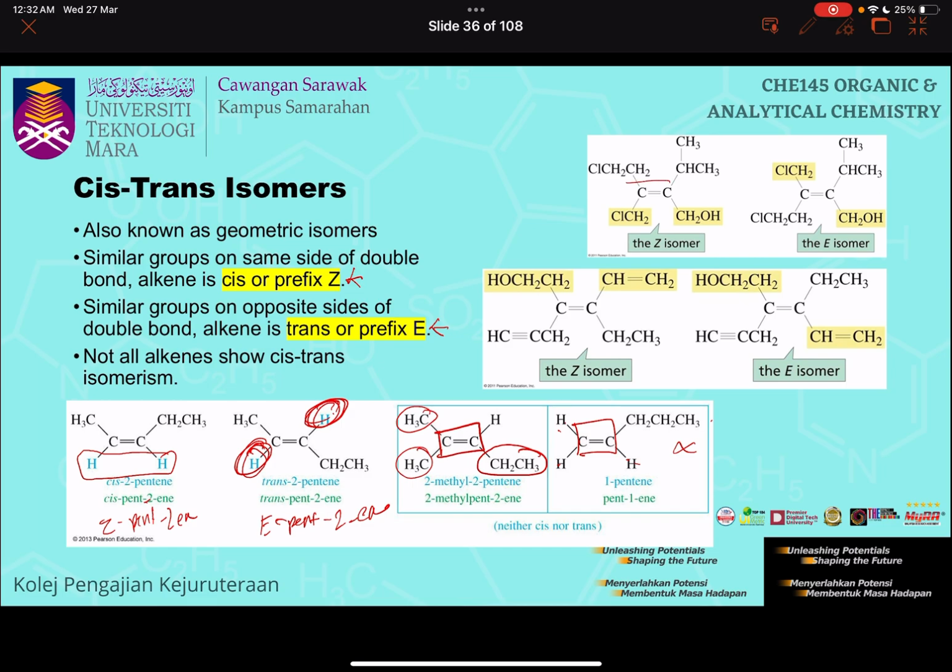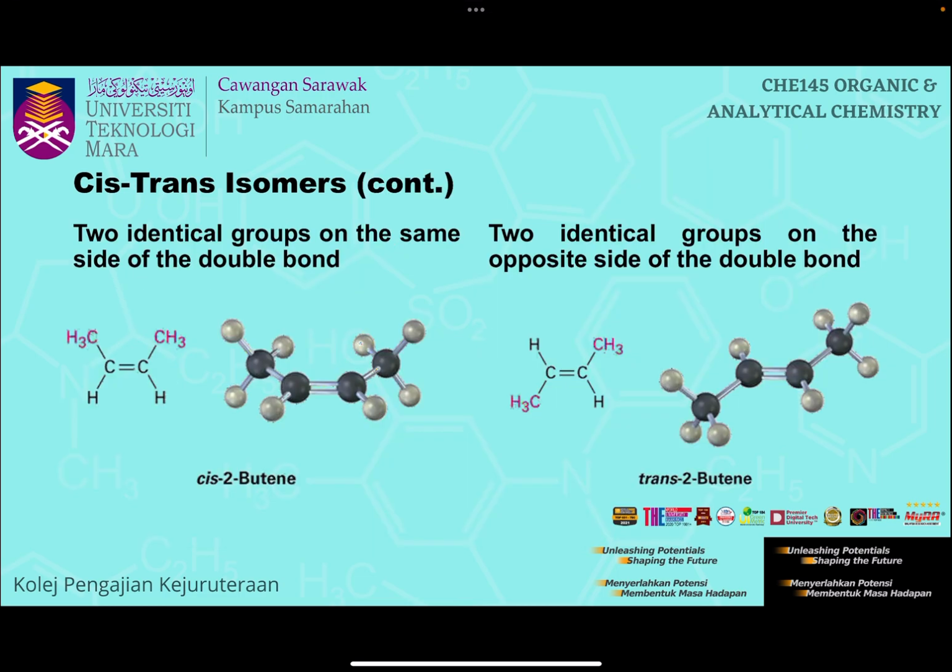If they highlight the double bond like this, then be very careful, they are looking for the cis and trans in front of the naming. So two identical groups on the same side of the double bond, cis-2-butene, trans-2-butene. These are 3D structures. You can see it's like this. This one is on the same side.